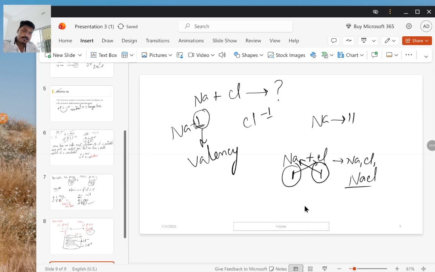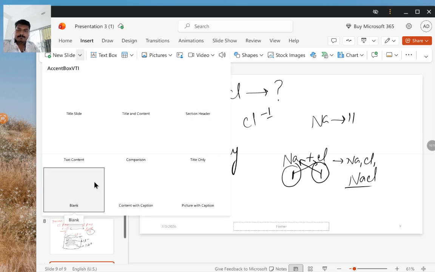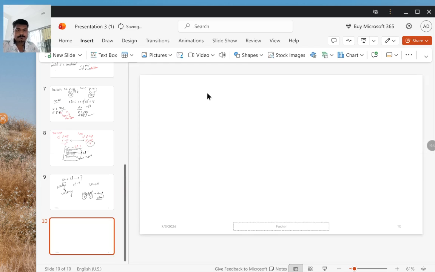Let's take another example. Magnesium, atomic number 12. We can write K, L, M, N: 2, 8, 2.